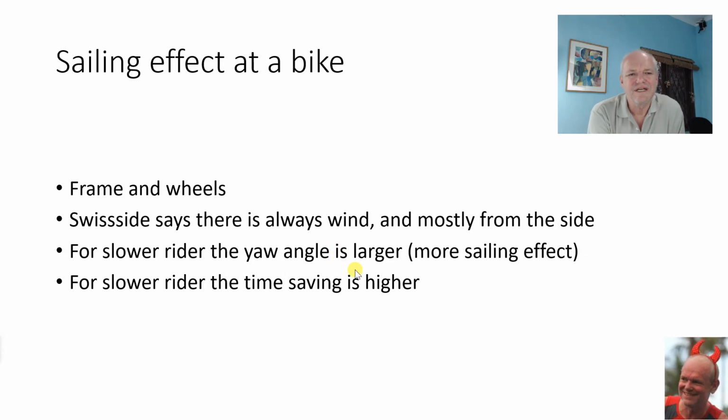What we also always have to keep in mind is that for slower riders, which are maybe most of us, the sailing effect is larger, also the yaw angle, sorry, that was again the wrong one.